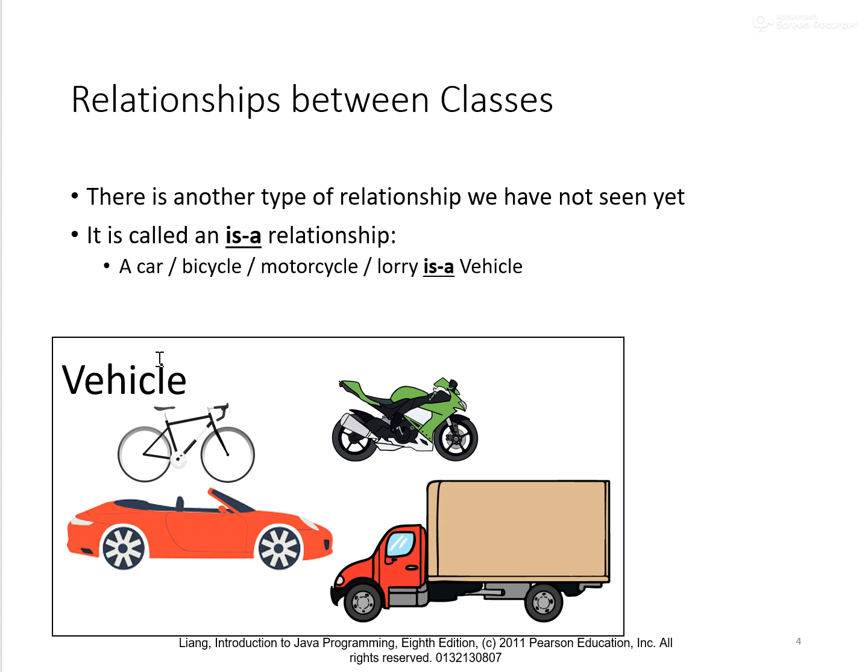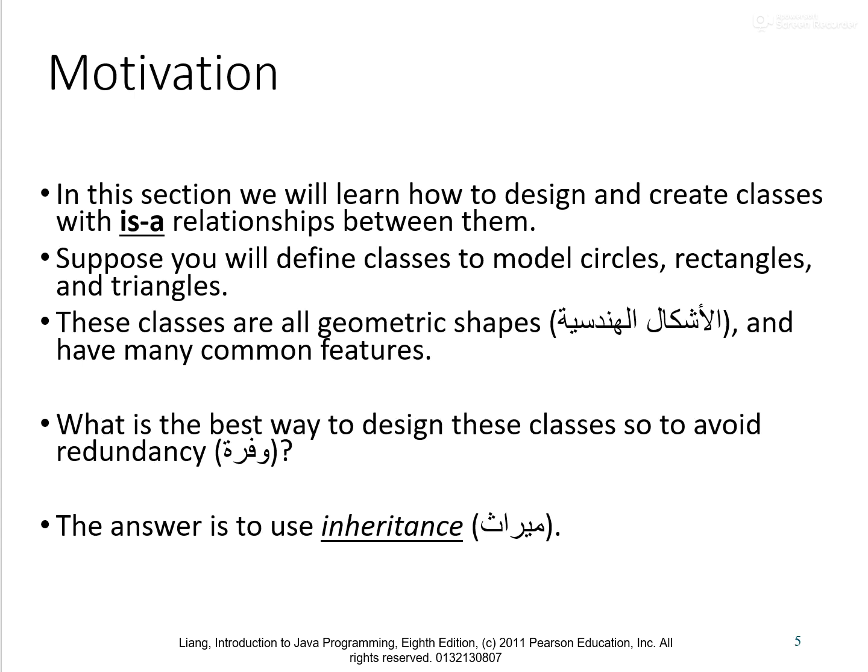Now, this type of relationship between the vehicle class and these more specific vehicles, bicycle, motorcycle, car, lorry, is called an is-a relationship. Now, we haven't done any project in which we've used this kind of relationship yet. So today will be our first day trying that.